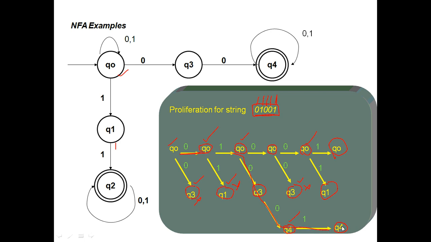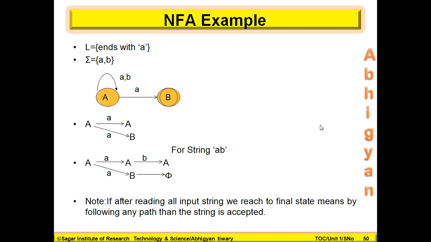Because it reached the final state after reading all the string. Although these other paths are also available, they are not able to reach the final states. That's why these paths are going to be cancelled. We are not going to consider them. So this is how the NFA works. Now we will move forward. Now let's see an example of NFA.